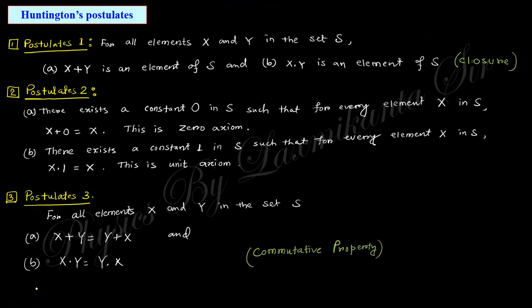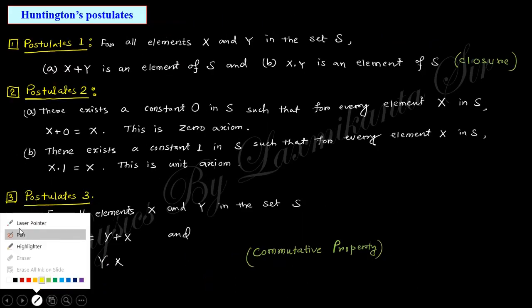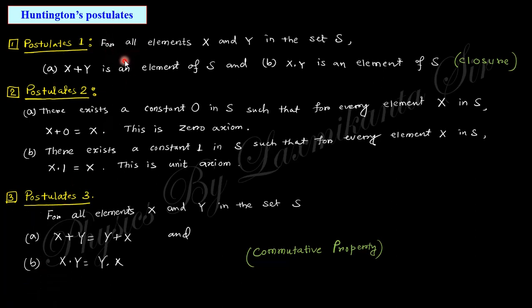Next topic is Huntington's postulates. These are the 6 postulates. You know all these things in other terms, just written here like that. Postulate 1: for all elements x and y in the set S, x plus y is an element of S. For any set S, if x and y are two elements, then their sum and product are also elements of this set.